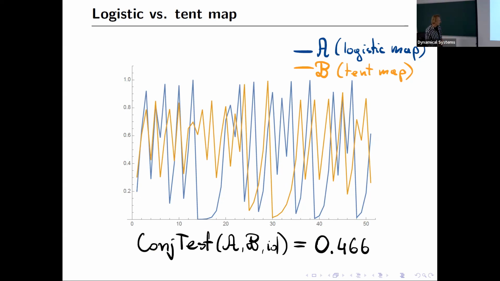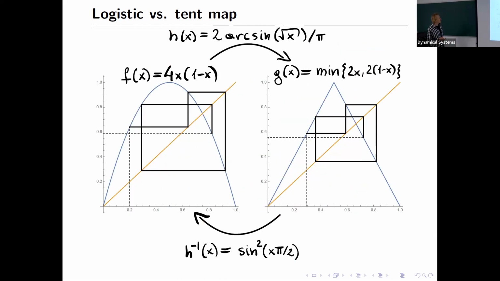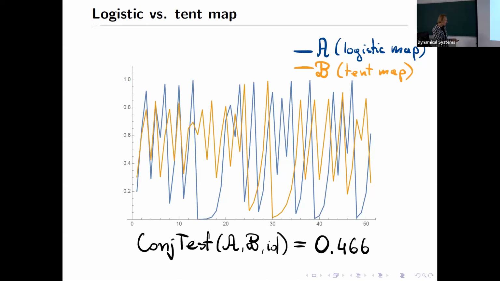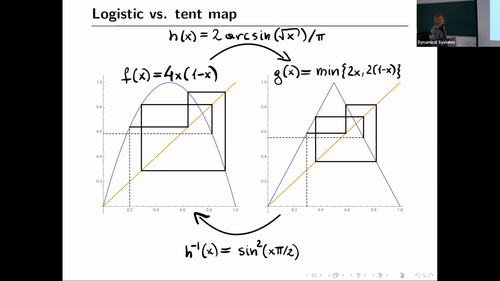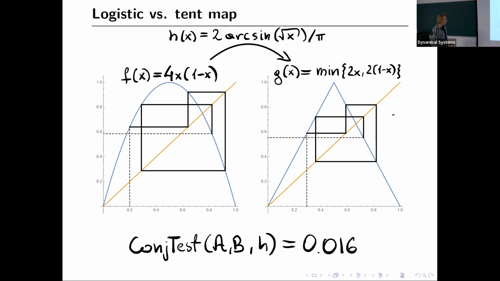So this is a poor result for something that we theoretically know should be conjugated. But if we use as H the correct map, then the conjugacy test gives us what we would expect, so a very small value.